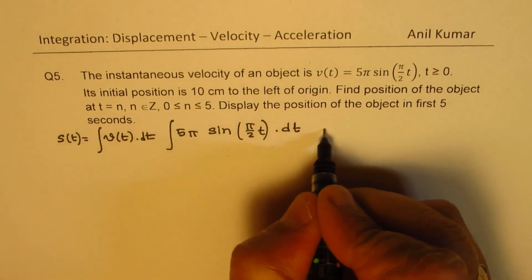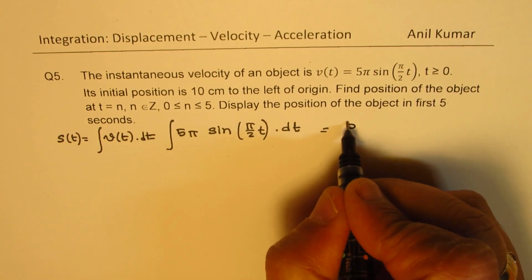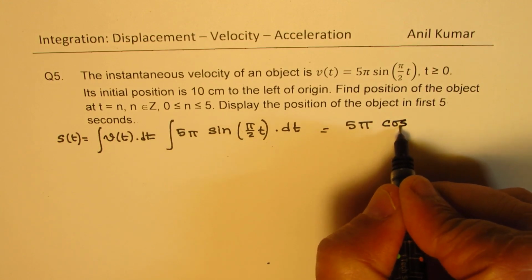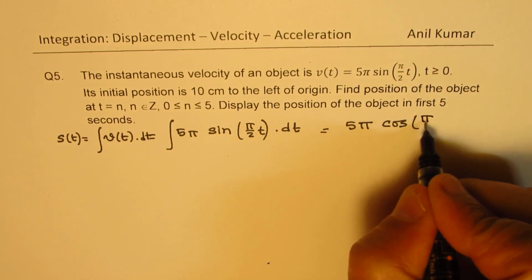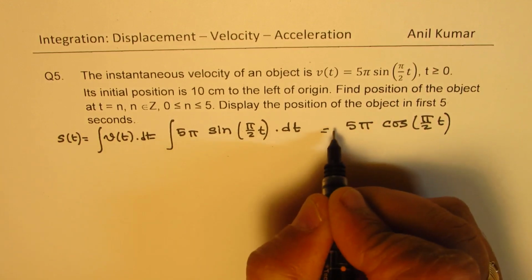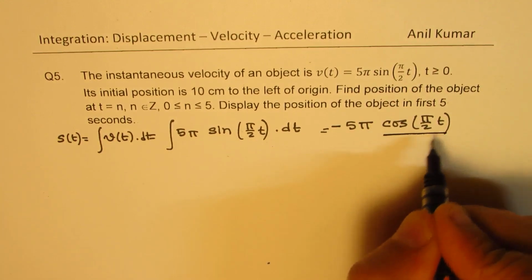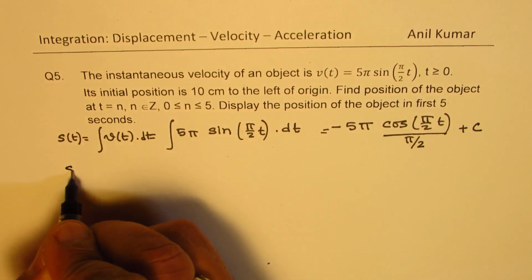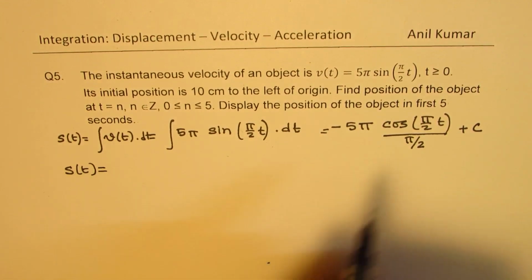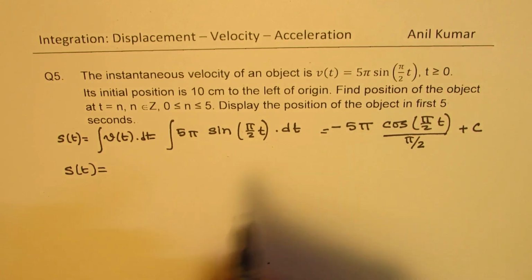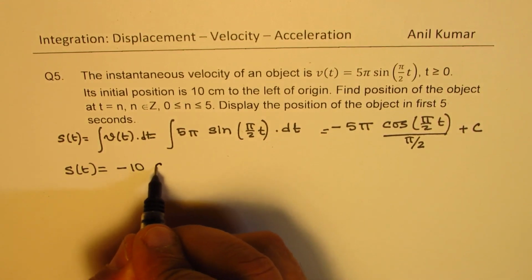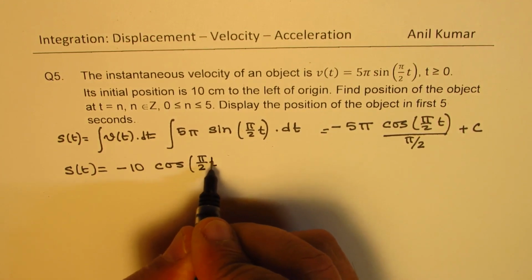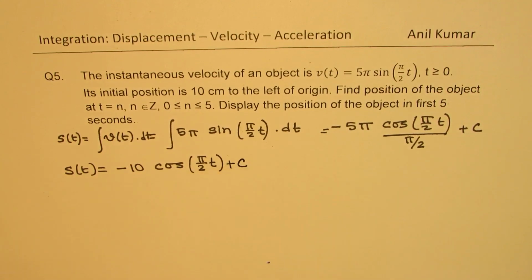The integral of this: 5 pi is a constant, the integral of sine is cosine with a negative sign, so cos pi by 2t, with a negative sign divided by pi by 2, plus a constant c. So we can write s of t as, pi and pi cancel, this goes up, so we get minus 10 cos of pi by 2t plus c.